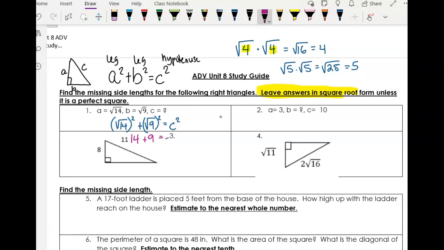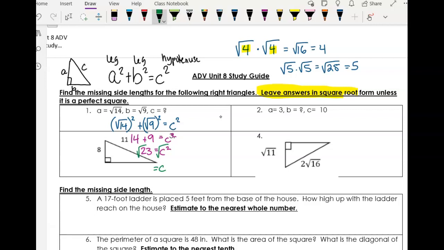Now notice it's still c squared on this side. We haven't taken any actual square roots yet, so we want to be careful there. We finish simplifying this side and get 23 is equal to c squared. My final step is to take the square root of both sides, and I will get c.